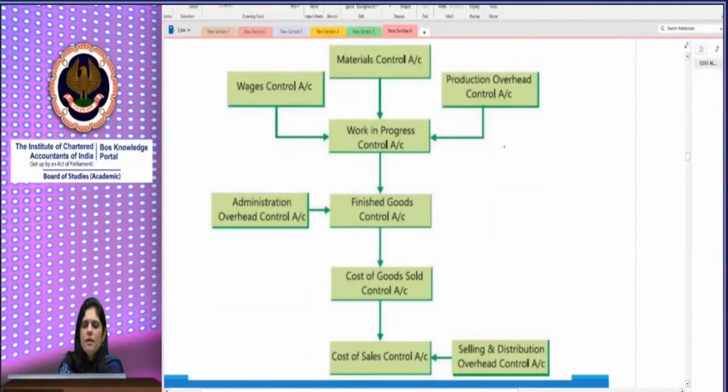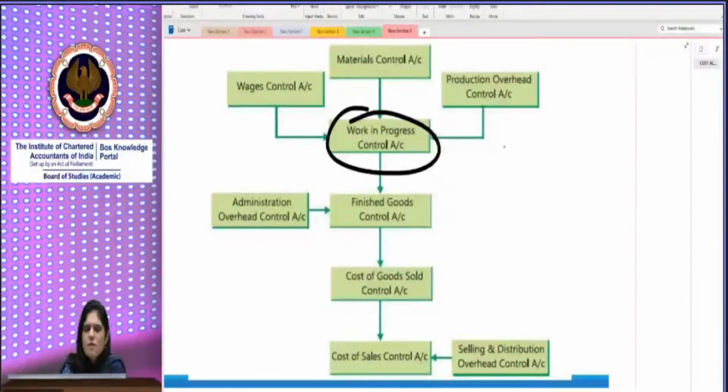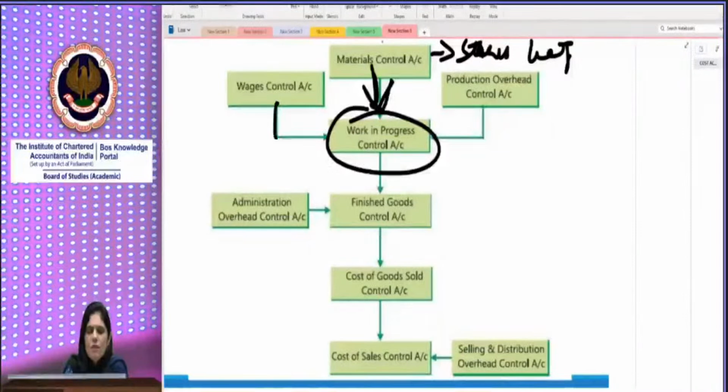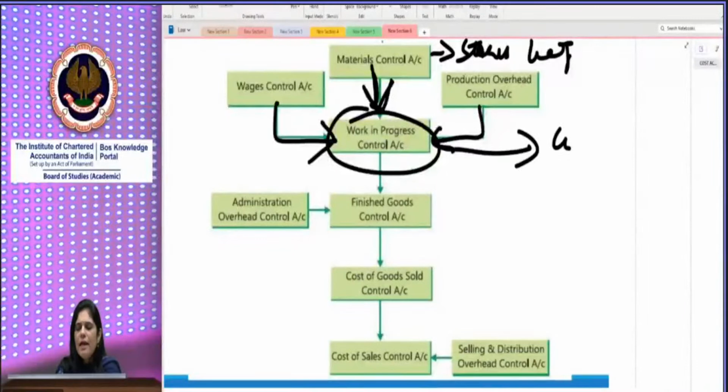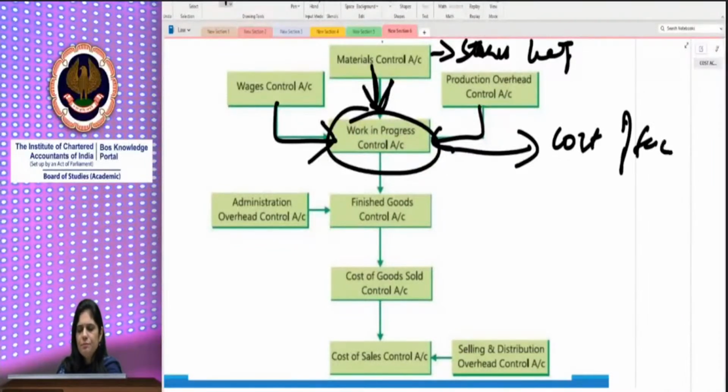See, this is the main production account. So material will come, material control means stores ledger. Clear? So material will come from stores ledger, wages will come from wages control, and production overhead will go to WIP. So these three things will culminate in the WIP, and we can calculate the factory cost. Clear?